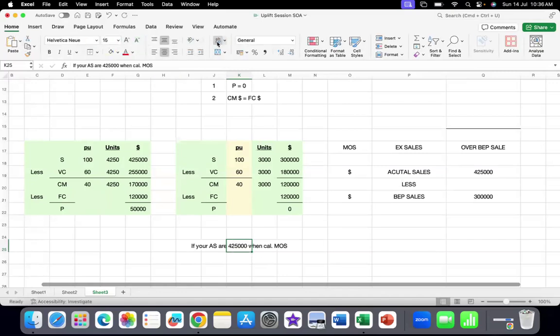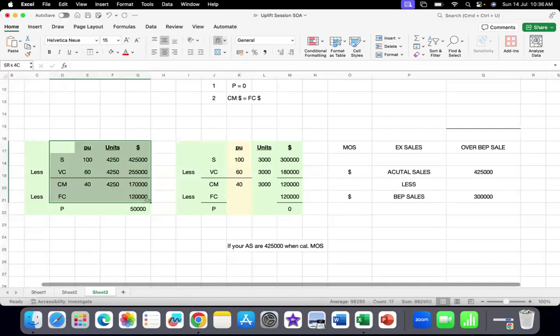For calculating MOS, you need to know what it means. It means your actual sales and your break-even sales. If you don't have your break-even sales, you will have to calculate them. You can either use any of the formulas, or you can directly use this table.